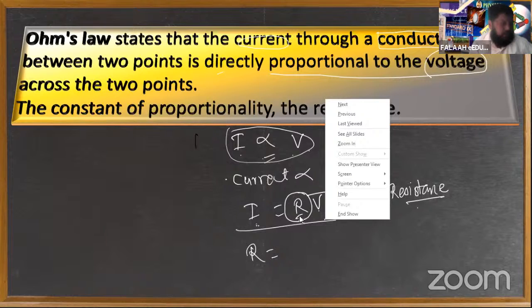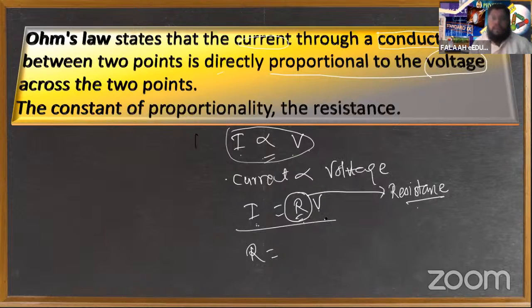R is the resistance constant, but we have not taken it this way.